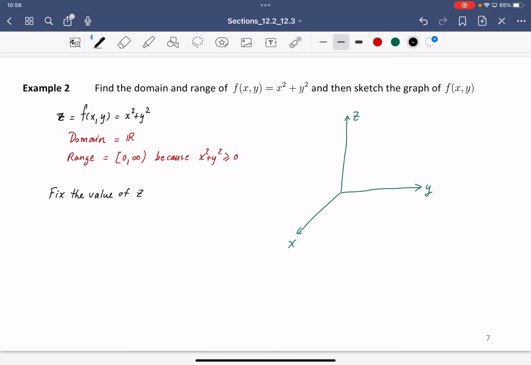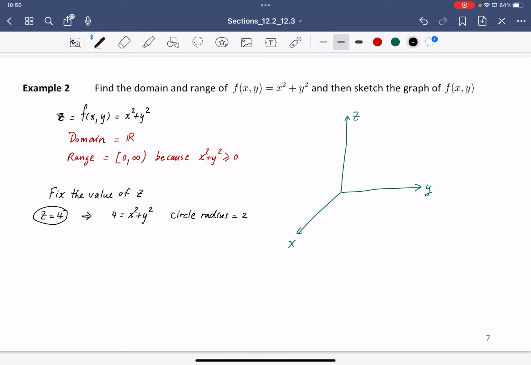So if I fix the value of z to be z equal to 4, for example, what you have left is 4 equal to x squared plus y squared. This is a circle, right? Circle with radius equal to 2.